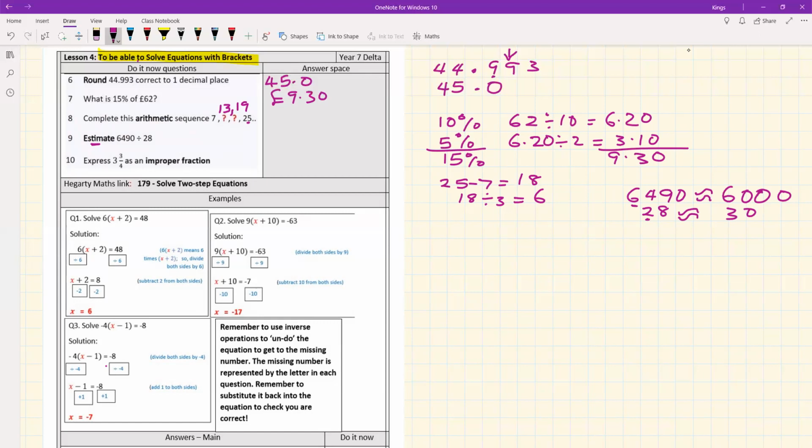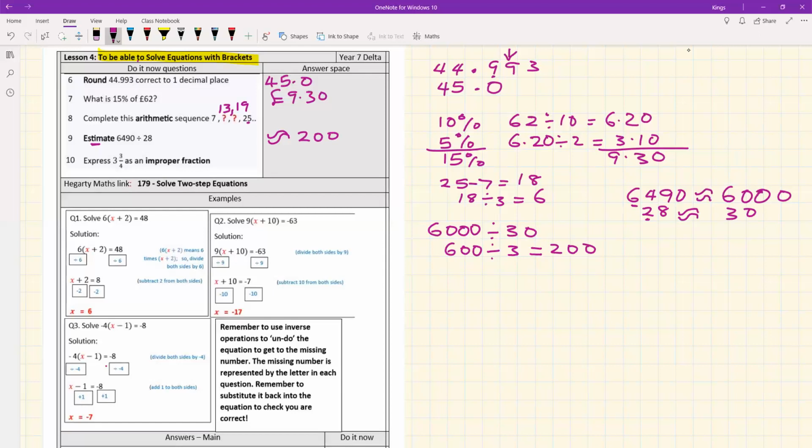So now I'm going to divide 6,000 by 30, which should be so much easier now. If I divide both of them by 10, this gives me 600 divided by 3, and that makes 200. So 6,490 divided by 28 is approximately 200.